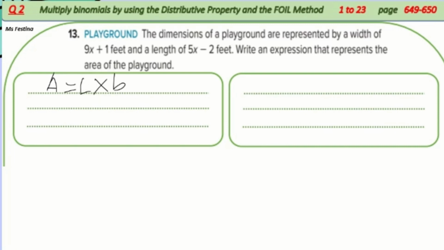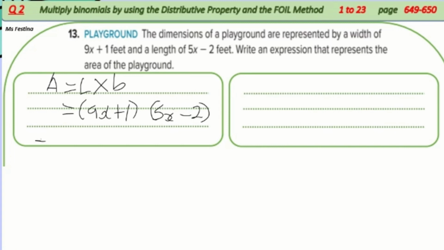Okay, so we can go ahead and substitute our length, which is (9x + 1), and then we open a bracket, multiply by (5x - 2), then close the bracket again.